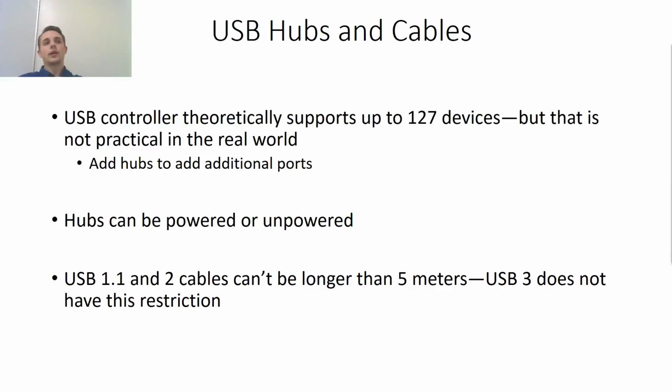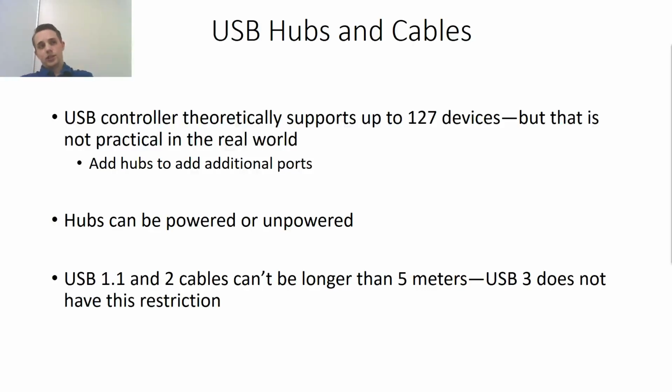When you have the capability, you want a powered hub so you're not relying on the power of the port to power the device. You will get better throughput if you have a powered hub. There's generally not a big price difference.